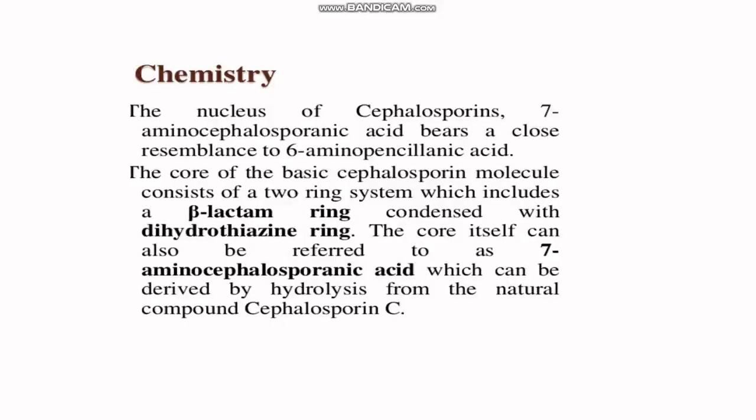The core of the basic cephalosporin molecule consists of a two-ring system, which includes a beta-lactam ring. Of course, it is a two-ring system: one is the beta-lactam ring, and the other is the dihydrothiazine ring system.